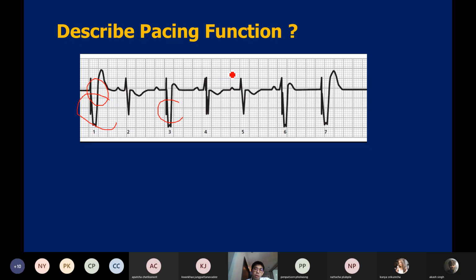And can you see there is some pacing spike in the QRS complex? If the pacemaker could sense the QRS, it should not pace here. Is that correct?